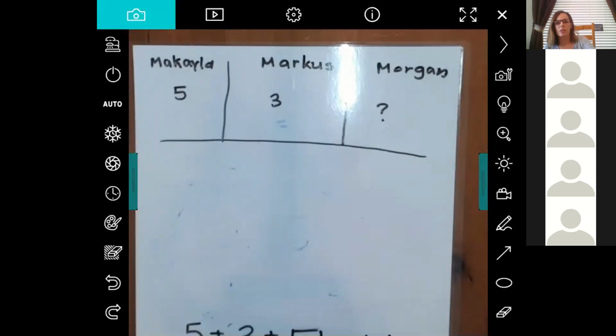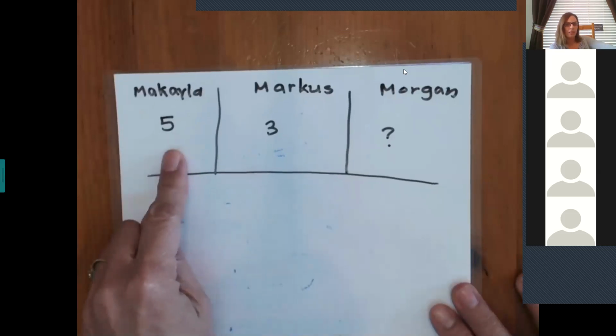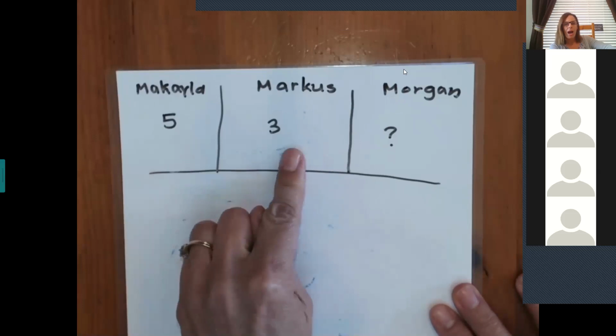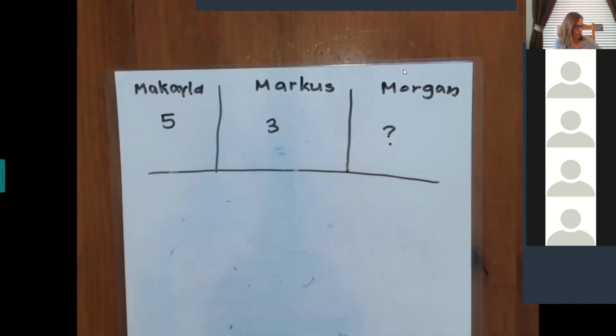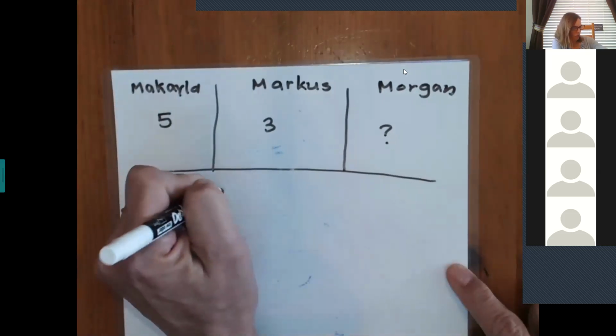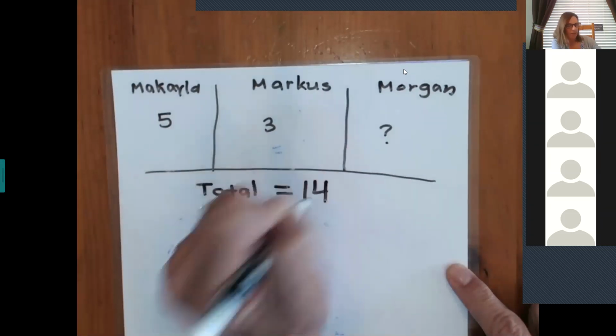Okay, guys, take a look at the screen, please. I just made some notes about the information that I know. I know Michaela has 5 markers. I know that Marcus has 3 markers. I don't know how many Morgan has, but I do know that the total is 14.